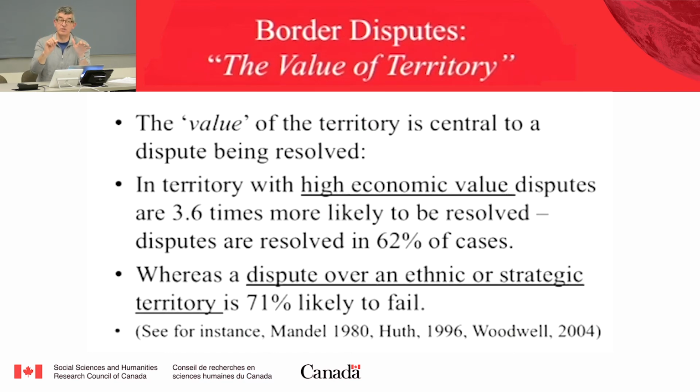I don't want to go into detail, but it's a very important realization that these ethnic disputes are basically left out of the international system, and to this day we are unable to resolve them. Statistically, we know that they are unresolved, and I cite some of the literature on this. There are some more recent ones. The Woodwell 2004 paper is the one that I think is the most interesting, because it comes up with all of this statistic.